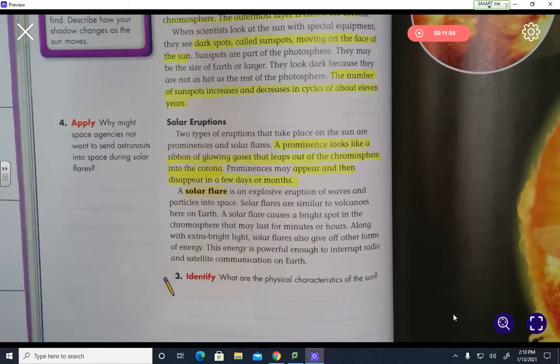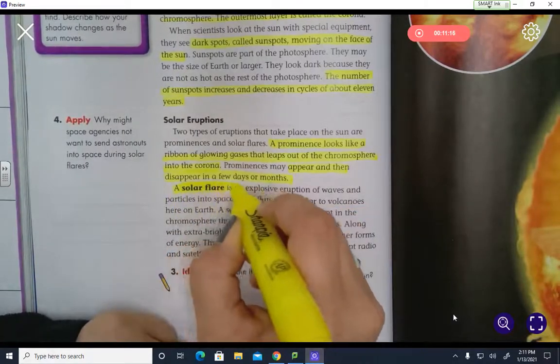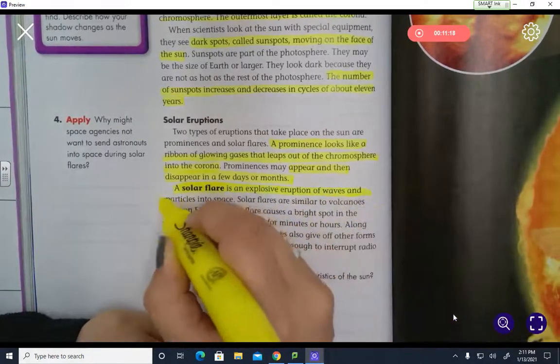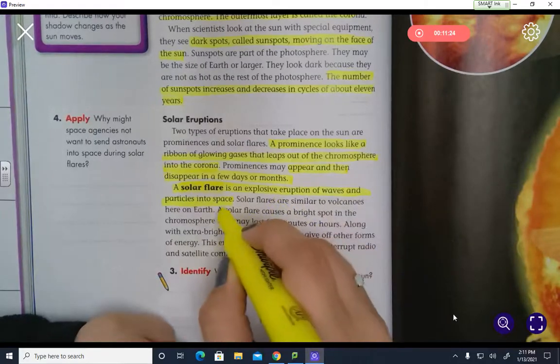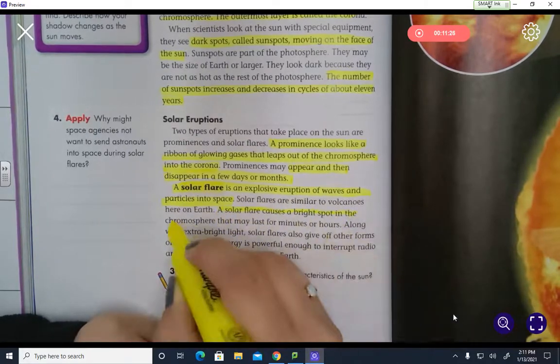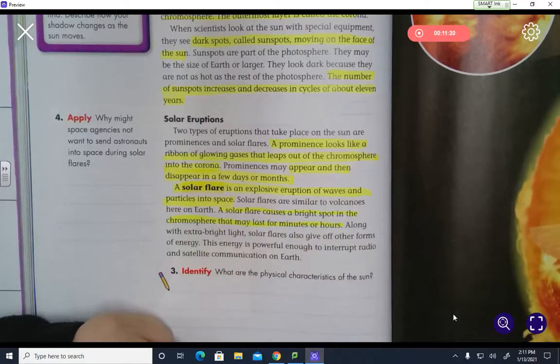This energy is powerful enough to interrupt radio and satellite communication on Earth. So let's highlight the definition for a solar flare. We're going to highlight that it causes a bright spot in the chromosphere that can last minutes to hours.